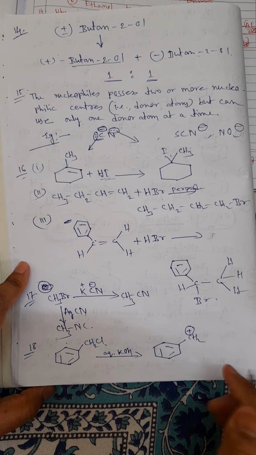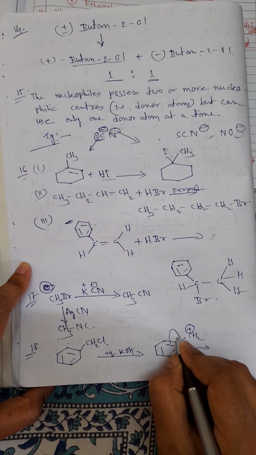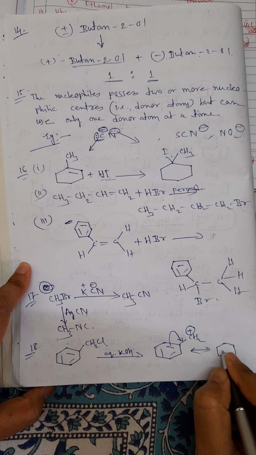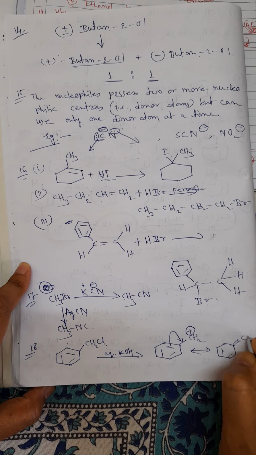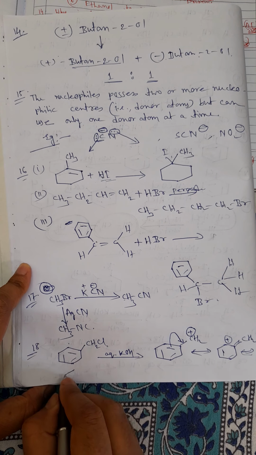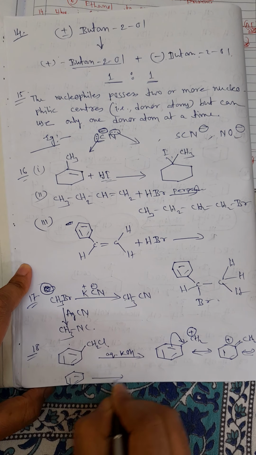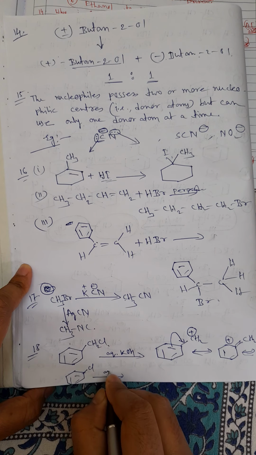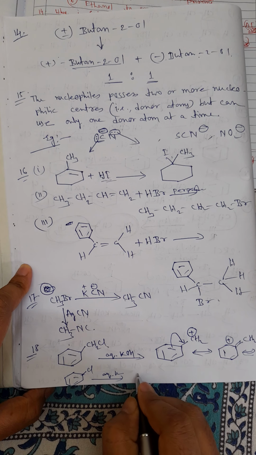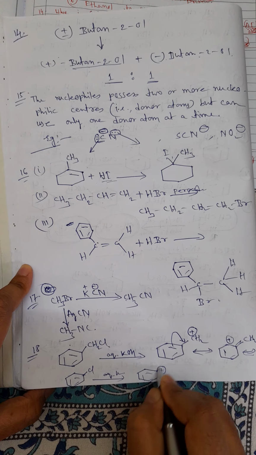We can see that resonating structures are possible. But chlorobenzene will not react in this way, because the phenyl cation is unstable.